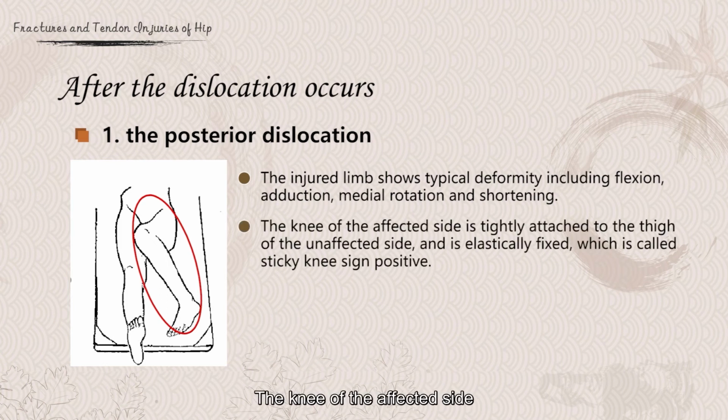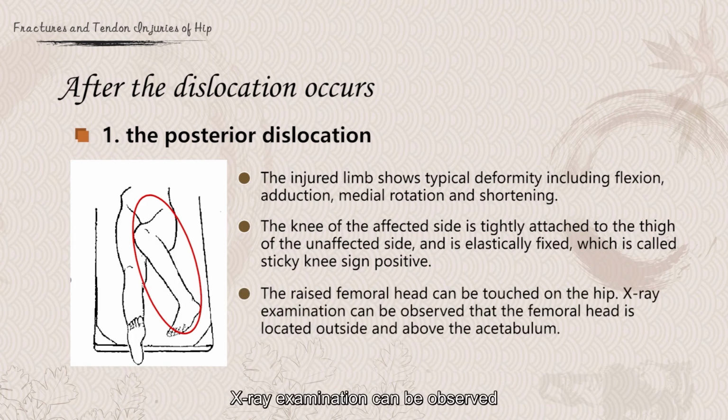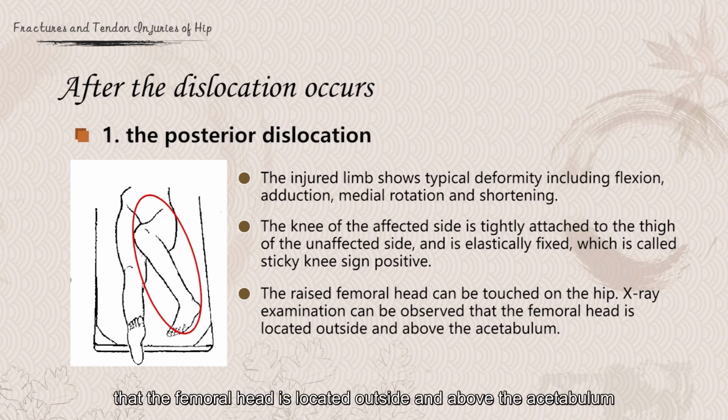The knee of the affected side is tightly attached to the thigh of the unaffected side and is elastically fixed, which is called sticky knee sign positive. The raised femoral head can be touched on the hip. X-ray examination shows the femoral head located outside and above the acetabulum.